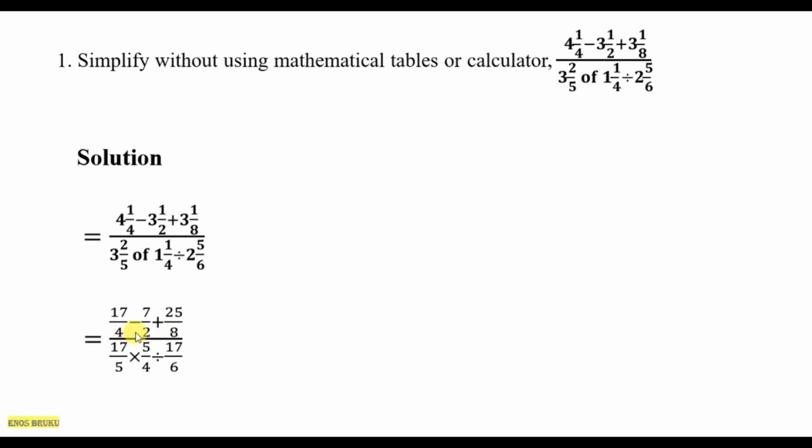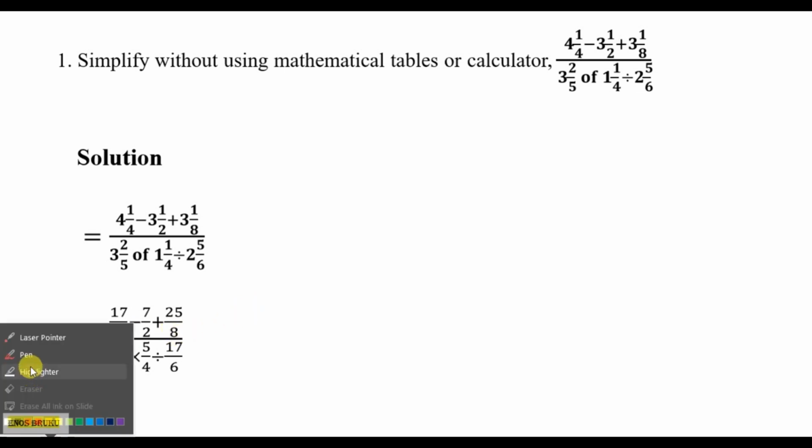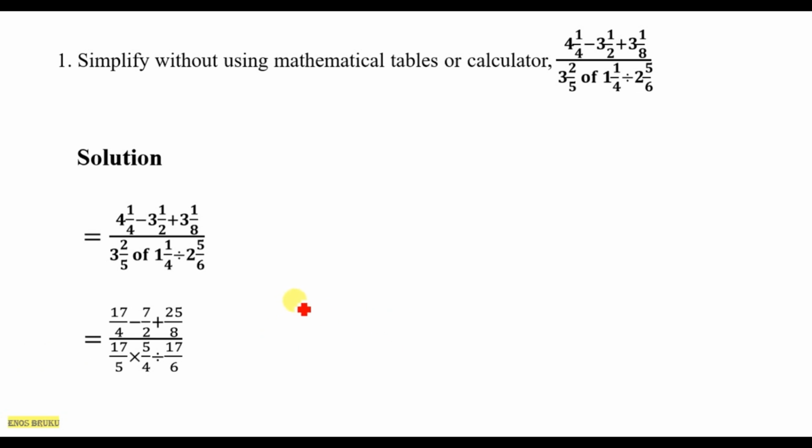Considering that, if we pick the LCM to be 8, you realize that 4 can divide 8 2 times, 2 can also divide 8 4 times, and 8 can also divide 8 once. So 8 is our guy.